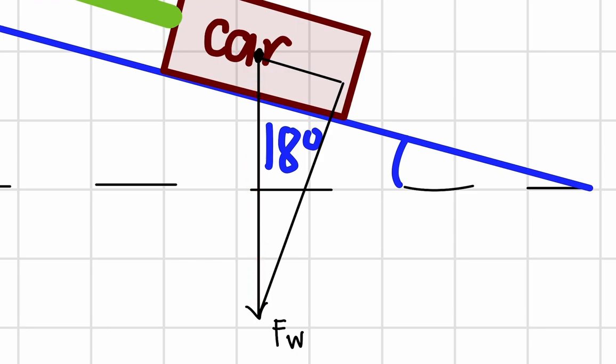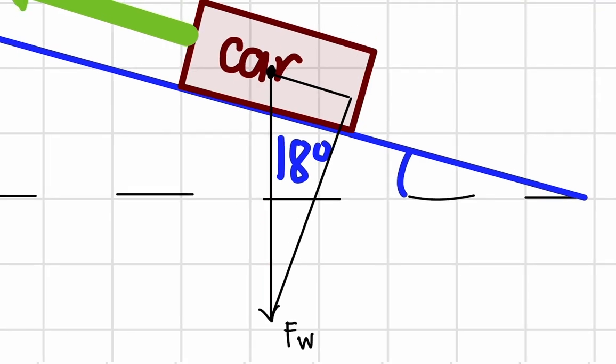So if we look at it on the side note, if this is 18 degrees, then this angle here is also 18 degrees. Now, question is why? So remember that this portion here, they're perpendicular to each other.